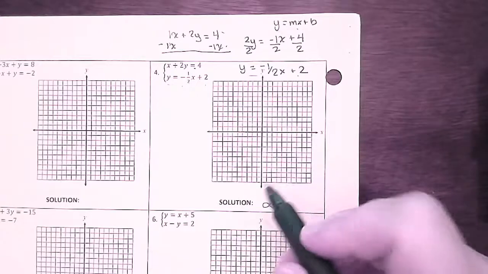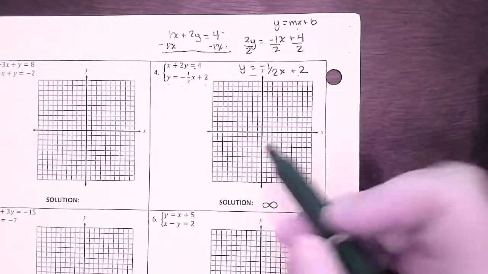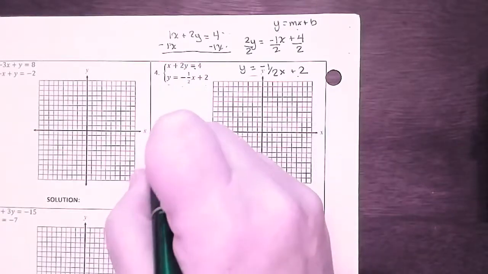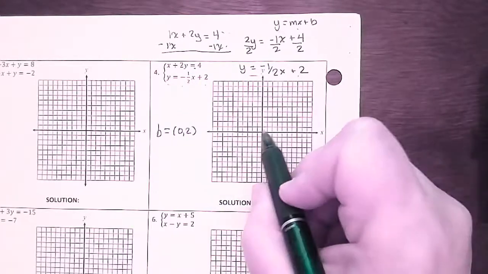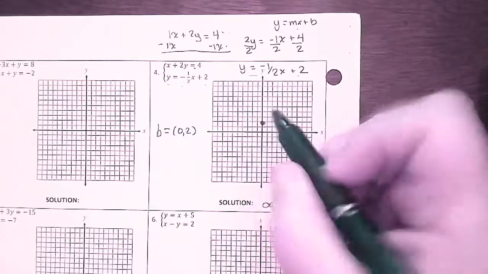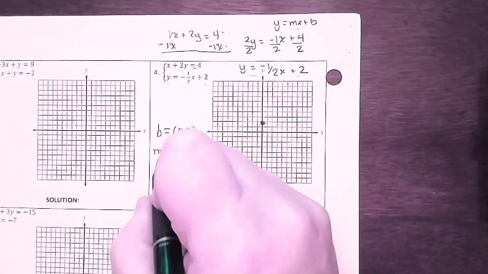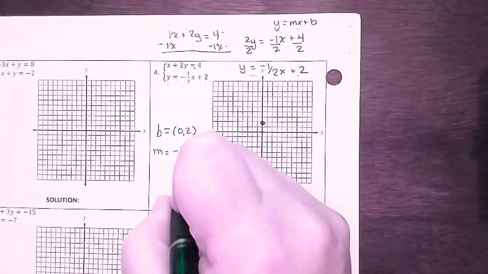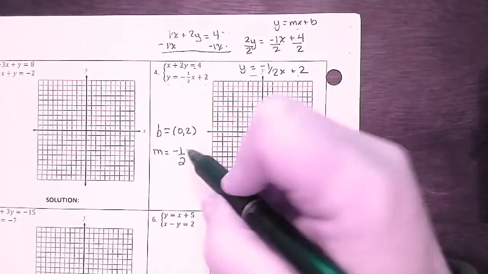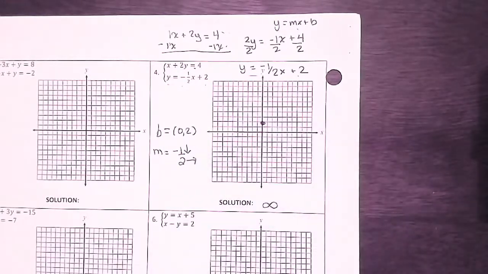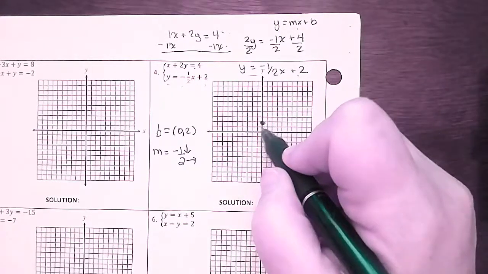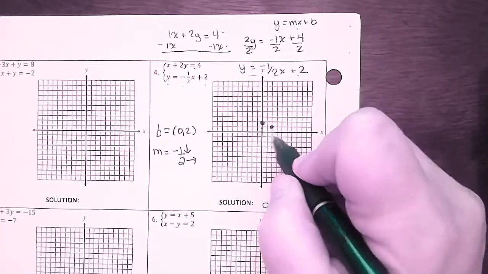Now, just to give you an idea of what this line is going to look like, I start out at my y-intercept, which is 0, 2. Okay, so that's right here. And my slope is negative 1 over 2. So from there, I'm going to go down 1 and over 2. Okay? So from there, I go down 1 and over 2, down 1 and over 2.